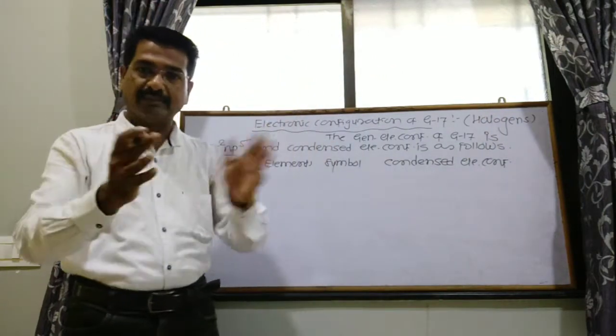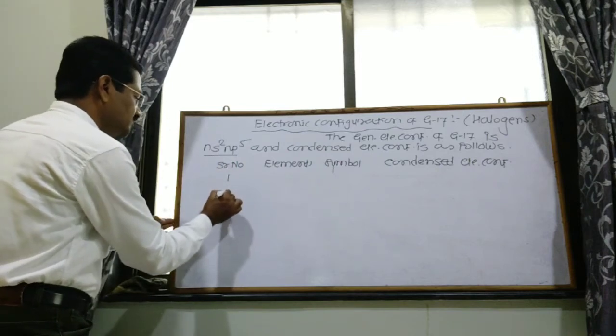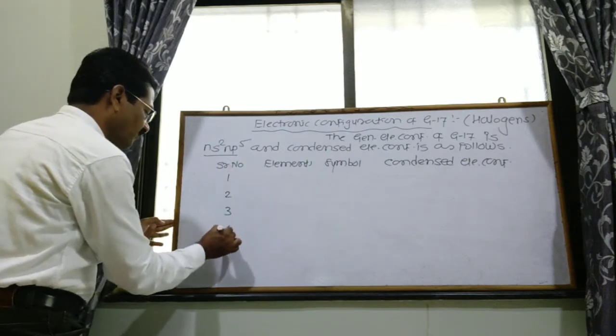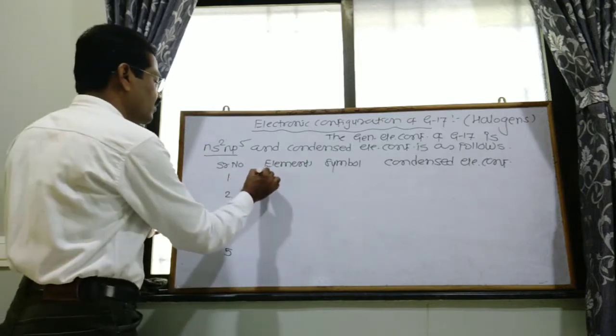First of all, draw the table in which first is the serial number 1, 2, 3, 4, 5, likewise. Then elements, first is fluorine.